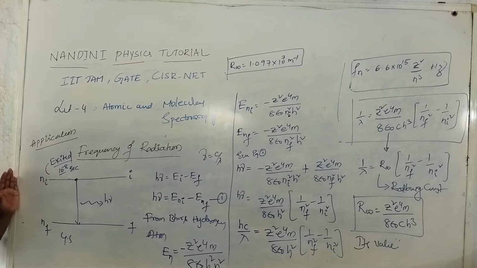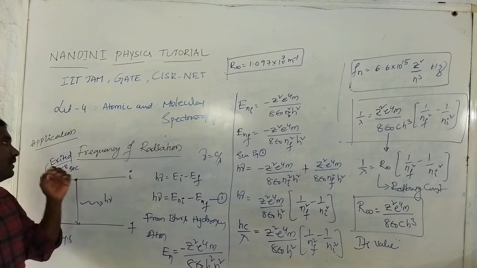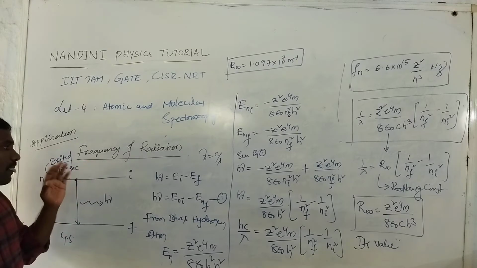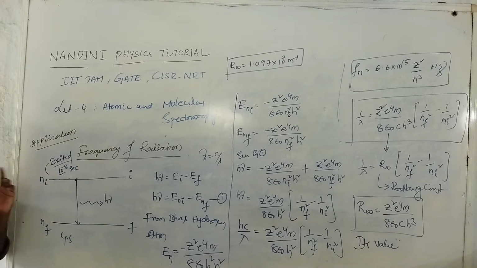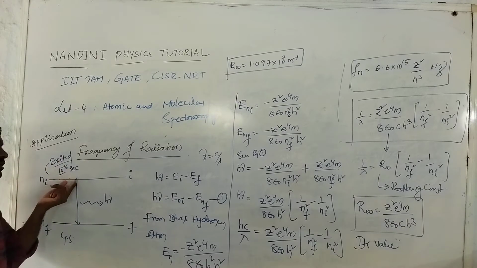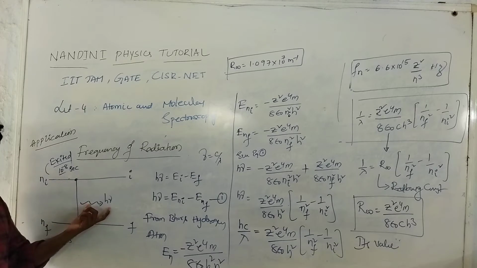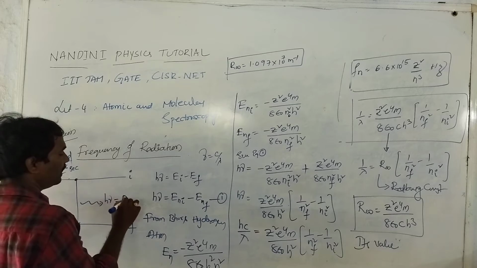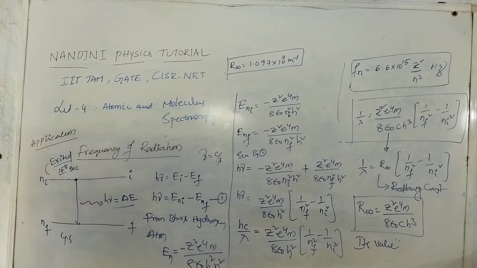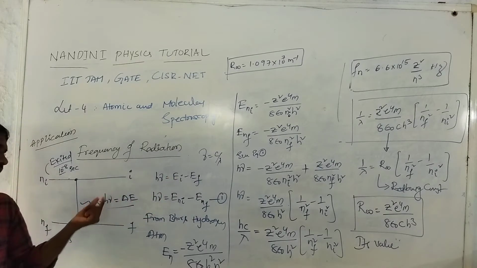So it is one of the applications of the Bohr atomic theory for the hydrogen atom. According to the fourth postulate of Bohr theory, when an electron jumps from a higher state to a lower state, the electron emits some radiated energy. That energy is delta E, the radiated energy, defined as E initial minus E final, which is nothing but h nu.